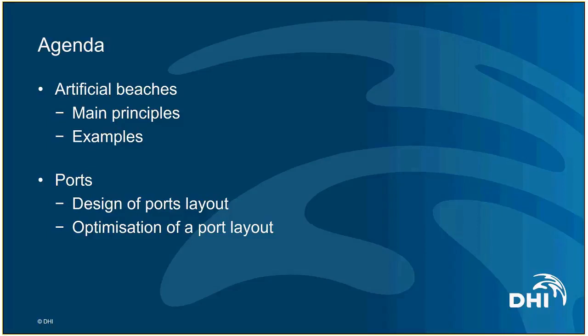Then we will look at some examples where these principles have been applied in real projects. Then we will have a look at the harbors and some of the principles for the design of the harbor layout, and we will go through a project where this harbor layout has been optimized for diminishing the impact on the coast.